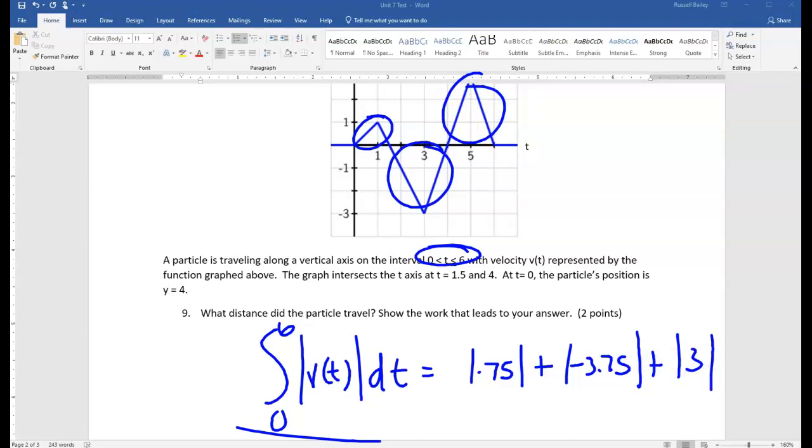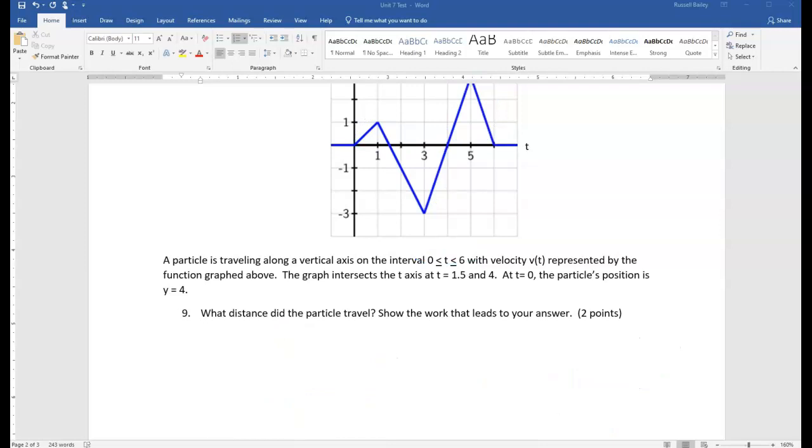Putting all these things together, everything's going to be positive, right? So there's no minus this time. It's just all plus. And I'm getting 7.5 for the total distance traveled on that one. Okay, so that takes care of that one. I think that's the end of that FRQ.